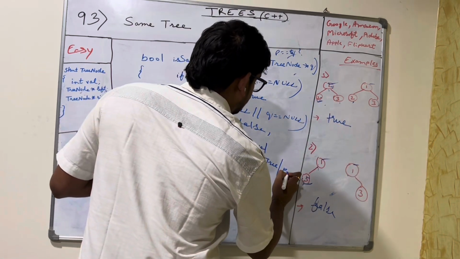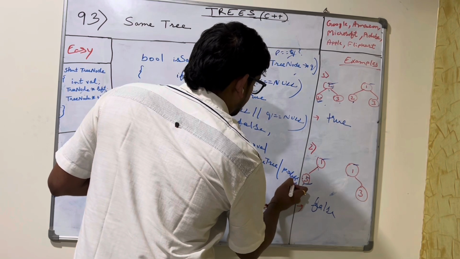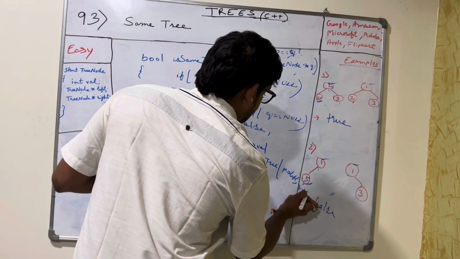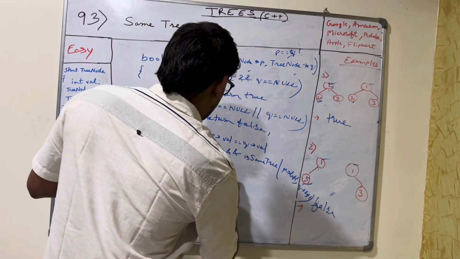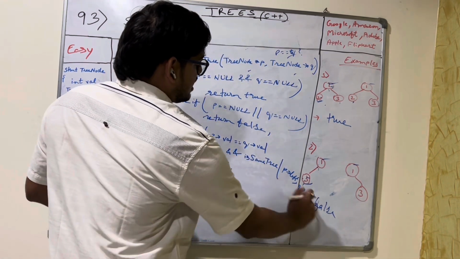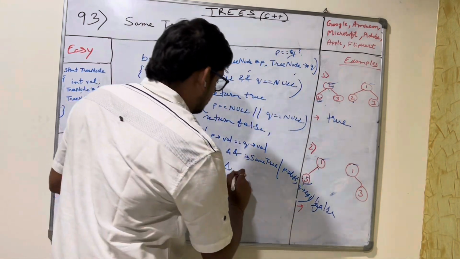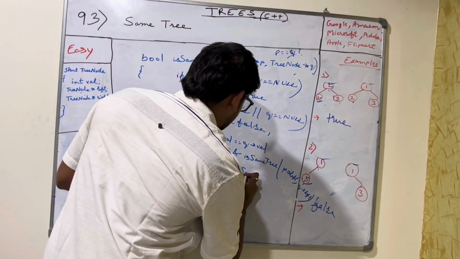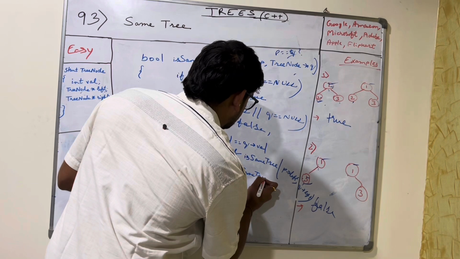For the left part, we will check the same condition exists or not. P left, and we will pass Q left. Okay, and if this condition is true, then this will check recursively whether the left subtree is true or not. Also, we will check if the right subtree is true or not.